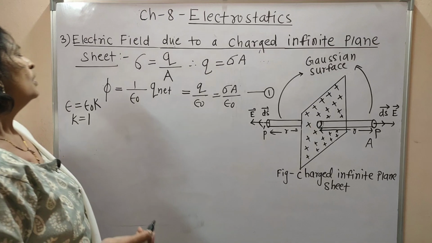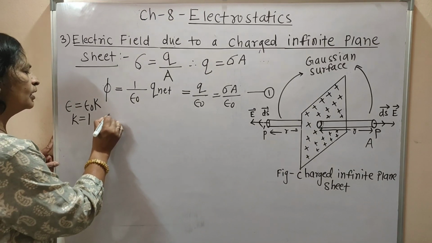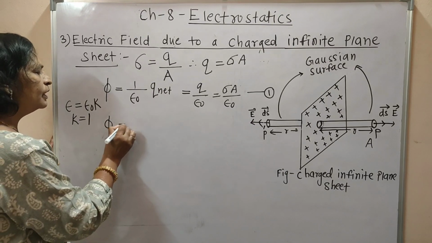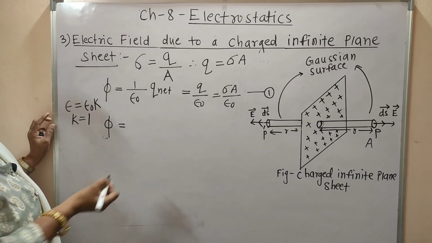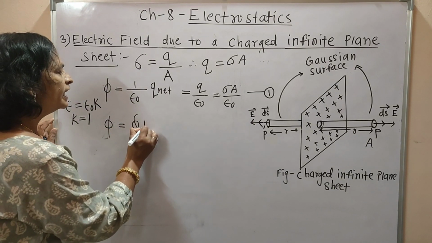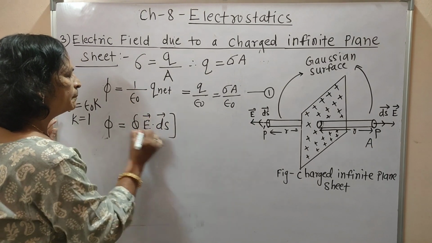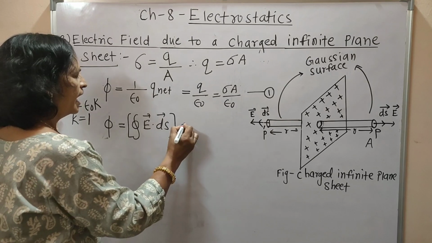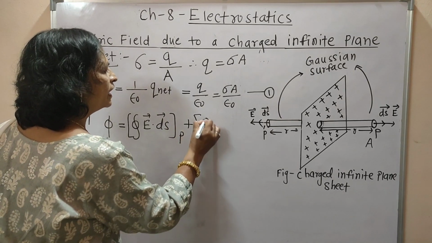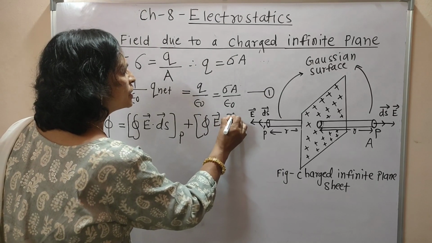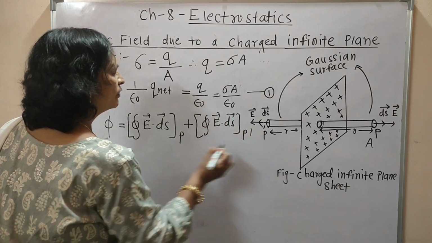Now we have to find the flux. We know the formula: the surface integral of E dot ds at point P plus the surface integral of E dot ds at point P dash.